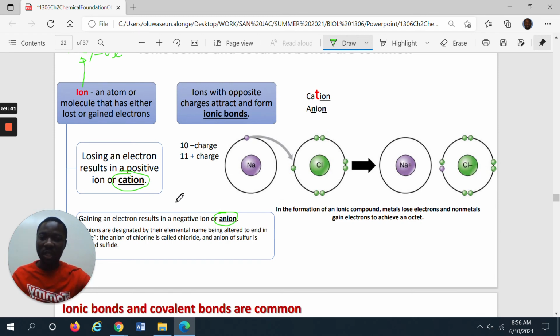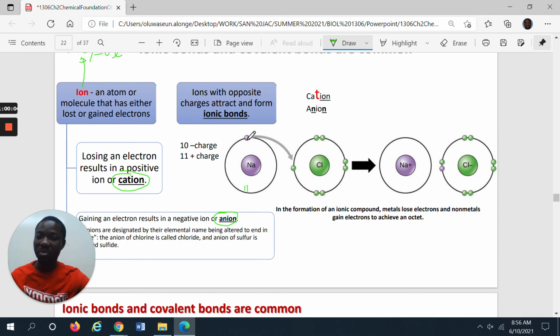All right. Then negative is when you gain an electron, you are gaining a negative, then you are becoming an anion. All right. So now look at this. Sodium. You remember sodium has 11 electrons normally. 1 is here.